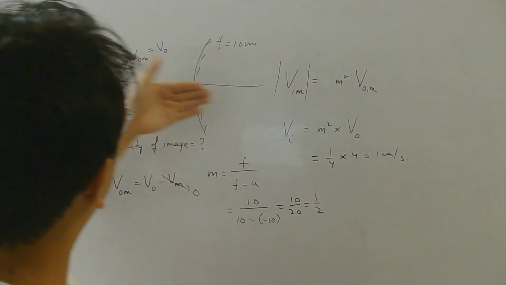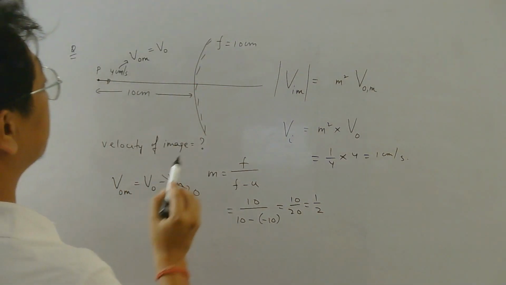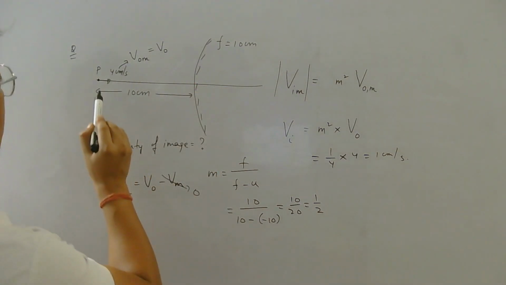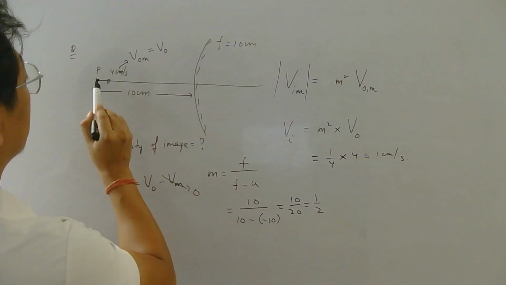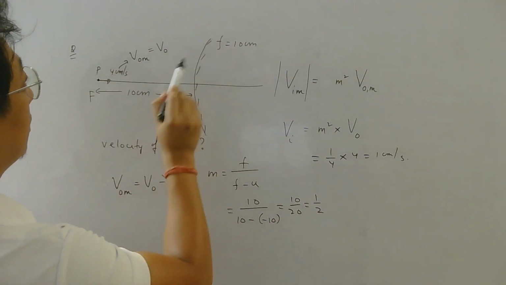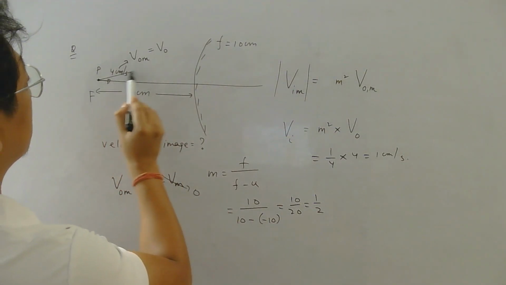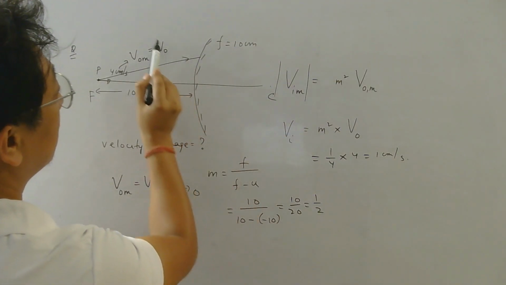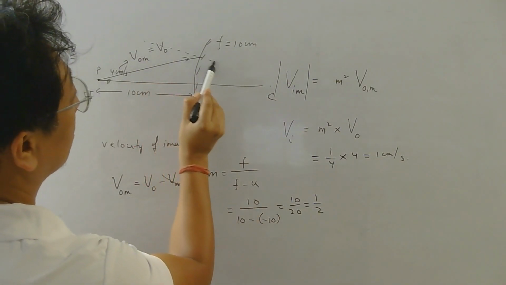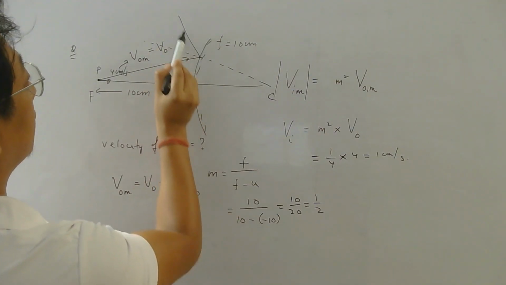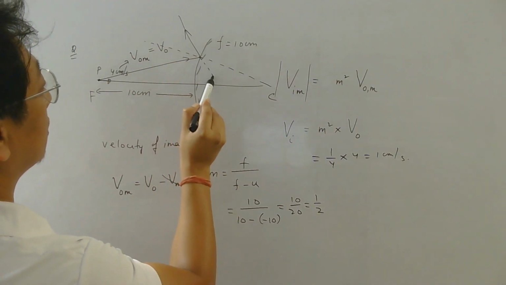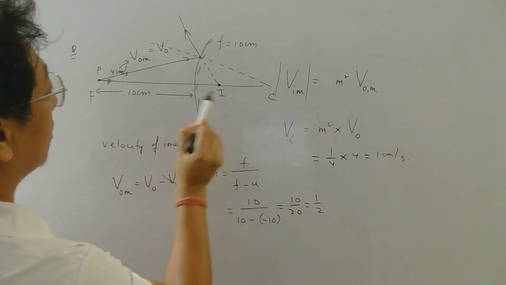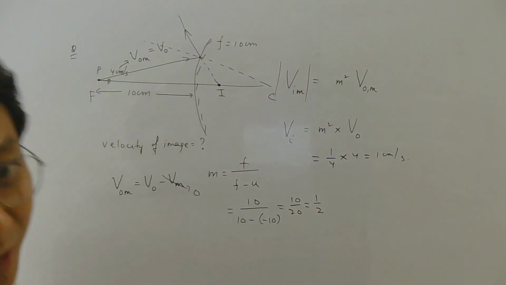Now when the object is coming this side, where will the image be? So you know that when the object, see, this is at focus, if you see carefully, focal length is 10. So this is your center, somewhere here, let's say. So this is your normal. So light will reflect this way. So this is where your image is formed when your object is here, right?